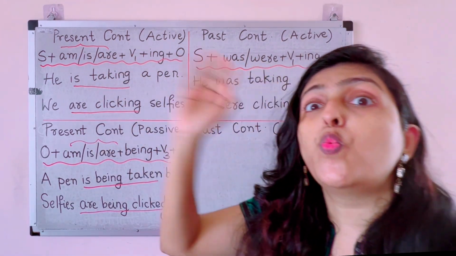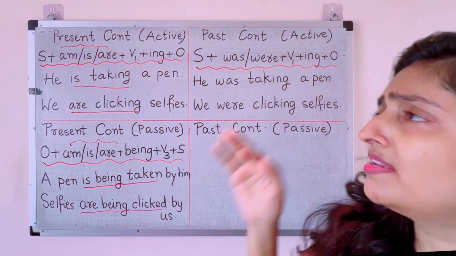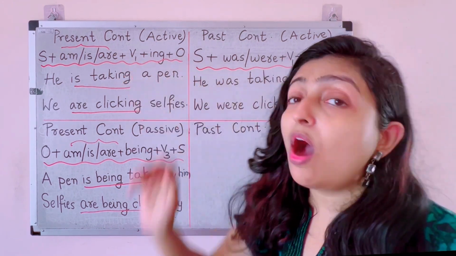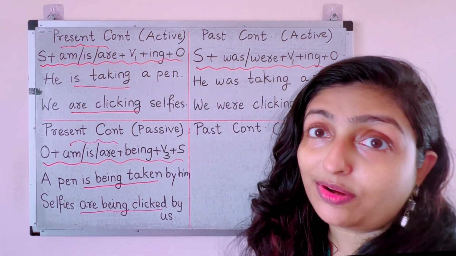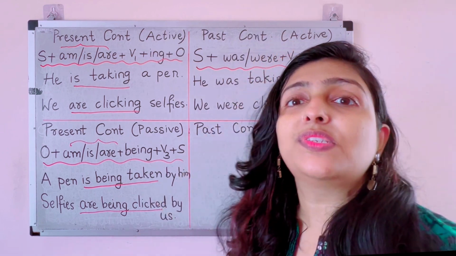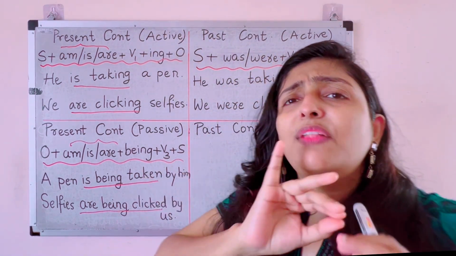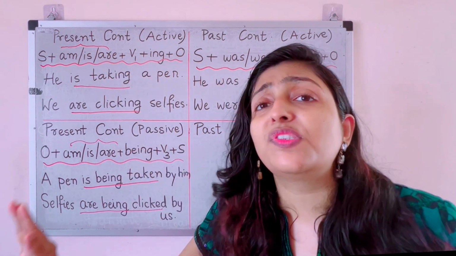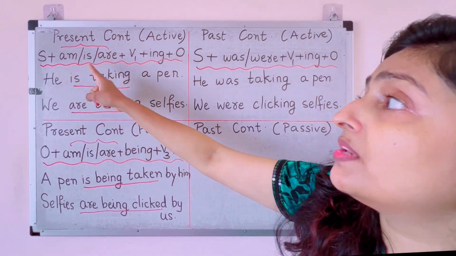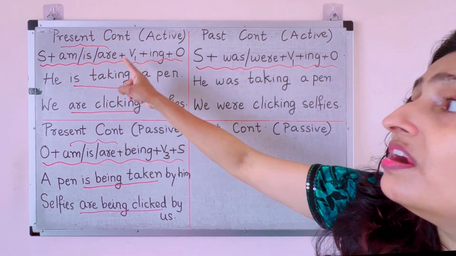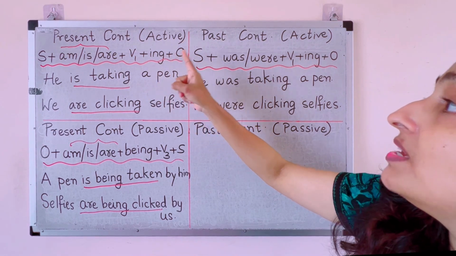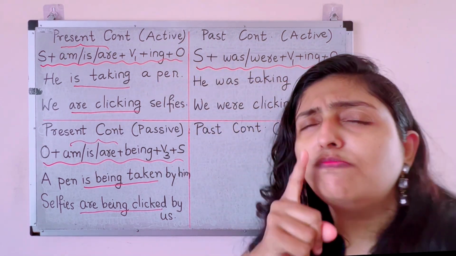It is was. What is the past tense of are? It is were. So in past tense, it becomes was or were, and the rest of the formula is the same. Subject plus was or were plus V1 plus ing plus object.